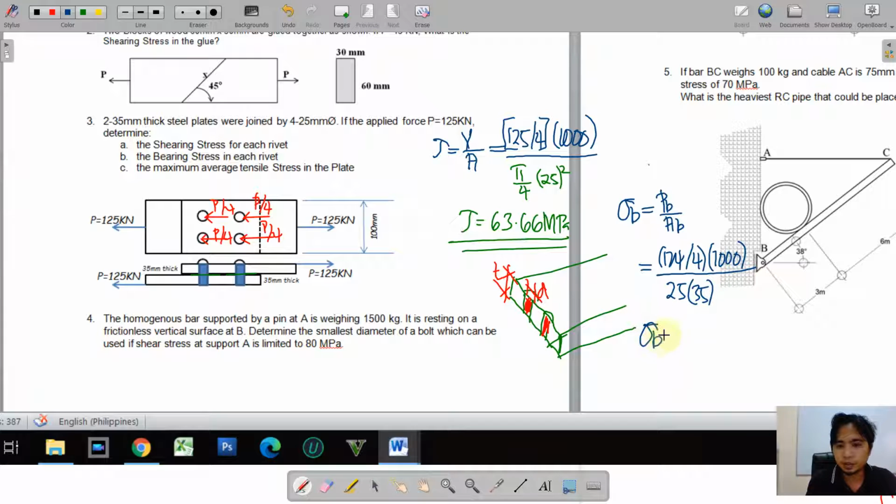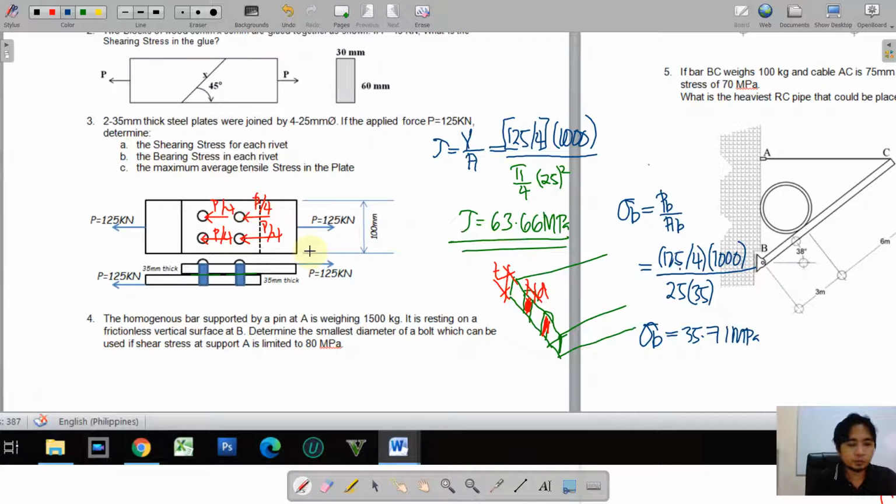So finally, we have the bearing stress equal to 35.71 megapascals. Okay, so I think we should correct this one value. This should be 125 over 4.